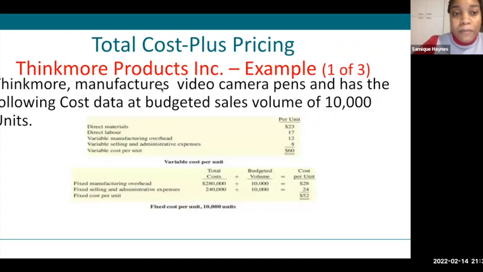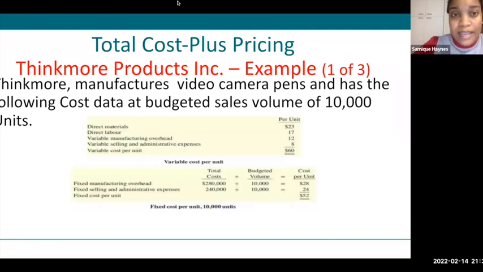So Think4 manufactures video camera pens and has the following cost data at budgeted sales volume of 10,000 units. Okay, so we know what the product cost is: direct materials, direct labor, variable manufacturing overhead. So this is part of our product cost.